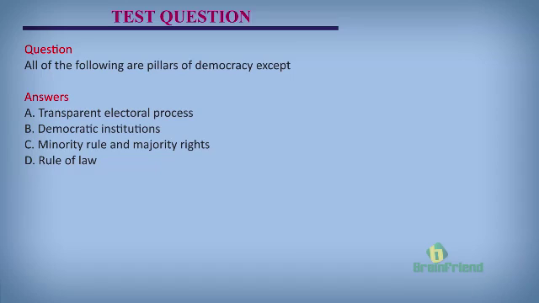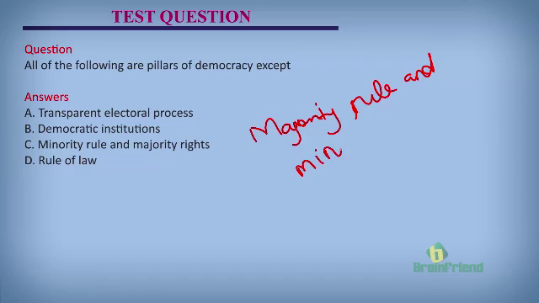We learned that majority rule and minority rights is a pillar of democracy, not the other way round. The government has to be in favor of the majority, and at the same time, the rights and needs of the minority are not ignored. They are still respected and recognized by the government.